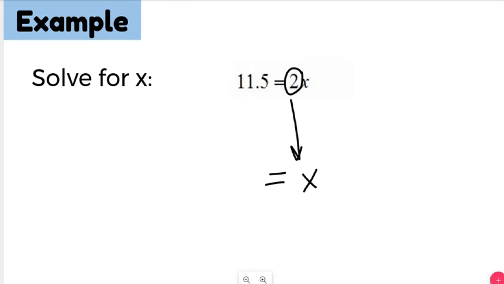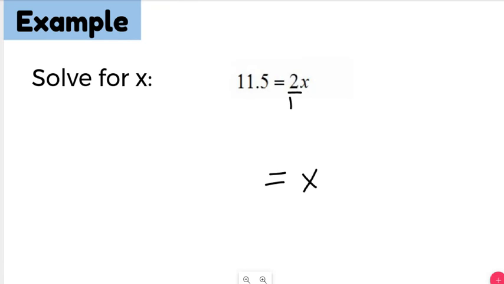So that's part of remembering the goal: if I need x by itself, what does the number that's with my x have to become? In this case, it has to become a 1 because it's a coefficient, because it's being multiplied. In order to make that a 1, I need to undo the multiplication. There's no addition to undo, so we're to the undo multiplication step.